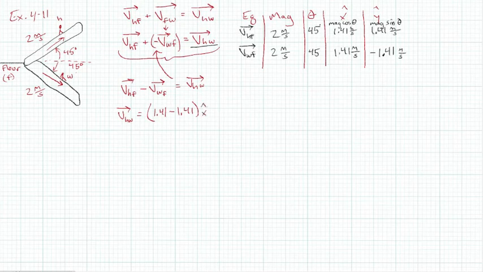Because that minus that x hat plus, now let's subtract the y hats from each other. 1.41 minus negative 1.41. This should make a little more sense to you. Sorry about that last little snafu there. 1.41.